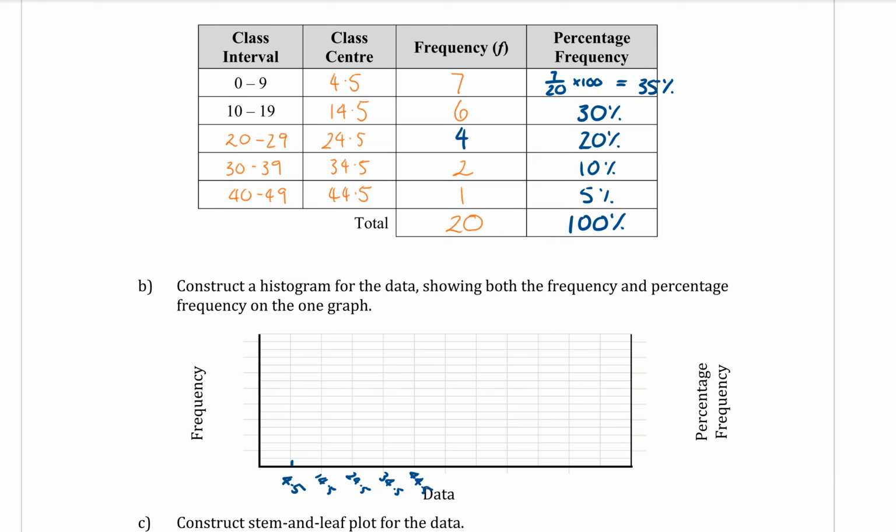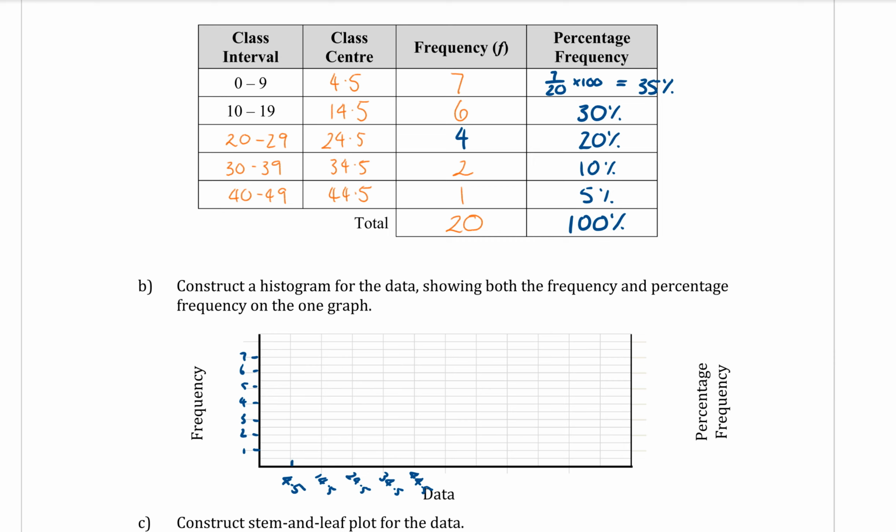The frequency is this column here, and I don't need the total. The highest frequency I have is 7, so we'll label those 1, 2, 3, 4, 5, 6, 7.